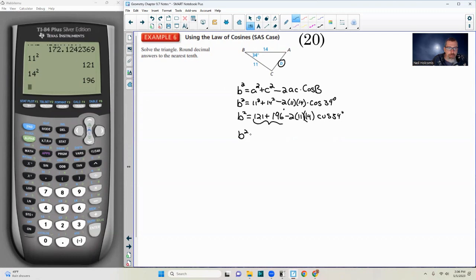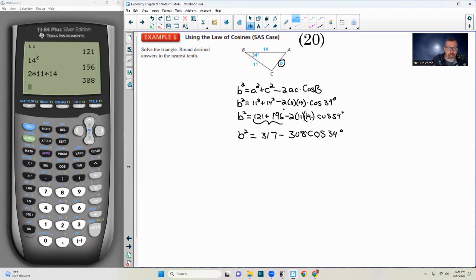B squared equals 121 plus 196, which is 317, minus, and I'll do this: 2 times 11 times 14 simplifies to 308, times the cosine of 34 degrees.